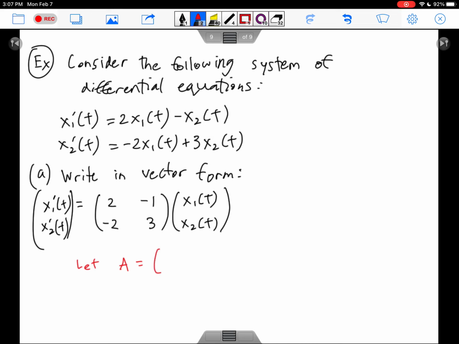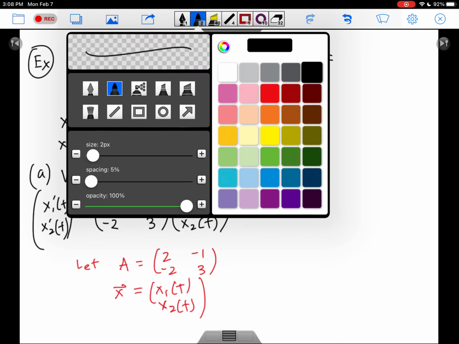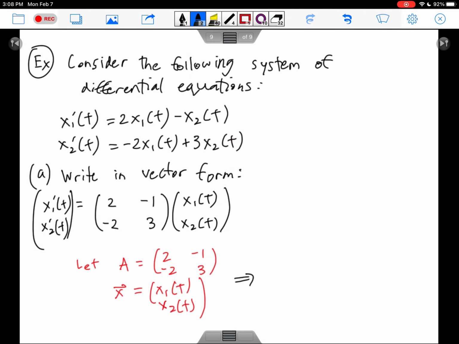And so if you were to let A be the matrix of coefficients 2, -2, -1, 3, and you were to let X be x1 of t, x2 of t, column vector, then that means our system is really x prime of t is equal to A times x of t.